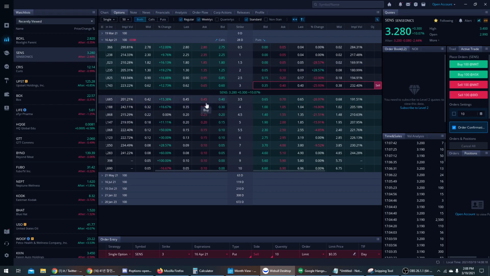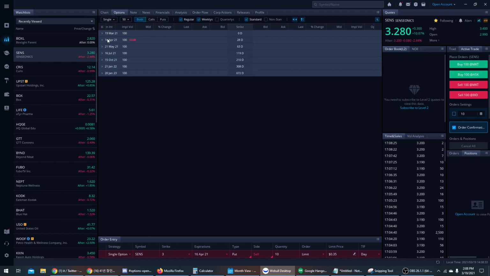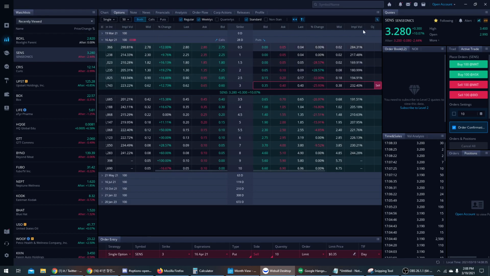When you pick a strike for a covered call or a cash-secured put, you have to be mindful of how the stock can move in a day. In this case, they only have monthlies, so you are pretty much guessing how they can move in a month.